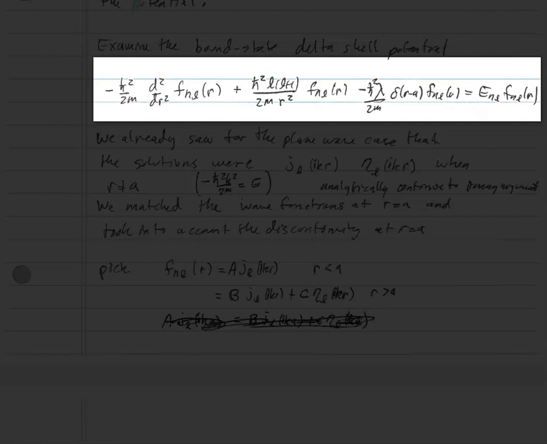That second term is the centrifugal barrier term. Then minus h bar squared lambda over 2m delta of r minus a, f_nl(r), that's the potential term. It equals E_nl f_nl(r).